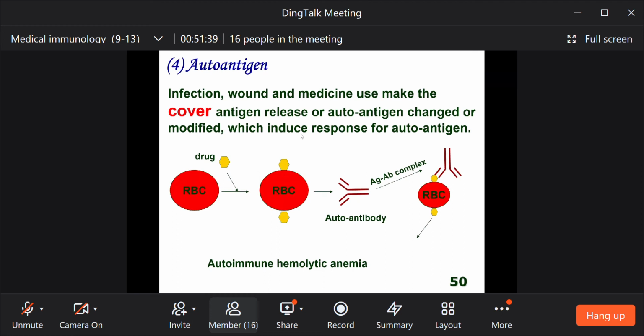So in medicine, every new drug or other medicine is produced and approved after serious experiments to check the safety for our patients. It is not safe if it induces an abnormal immune response, such as autoantigens. It is very dangerous for a person, right?